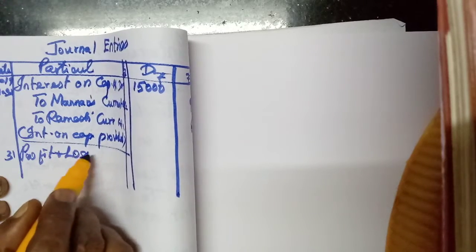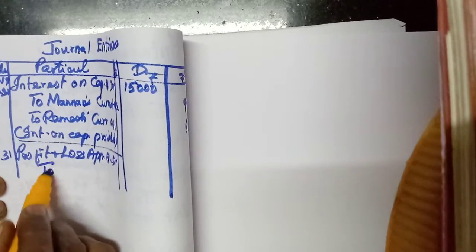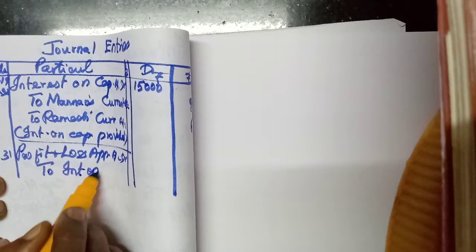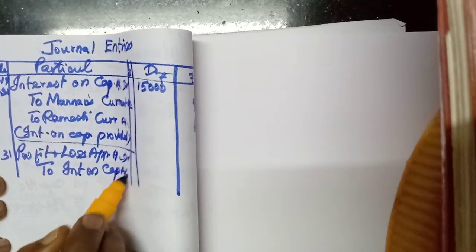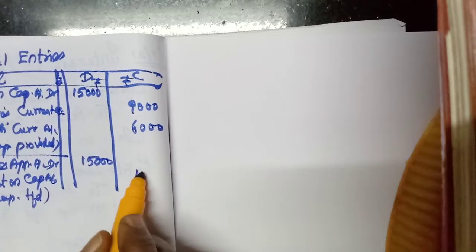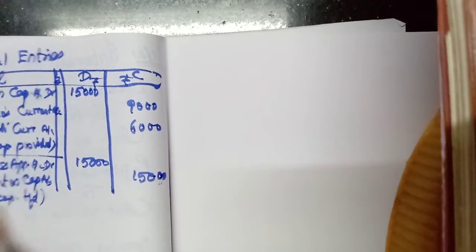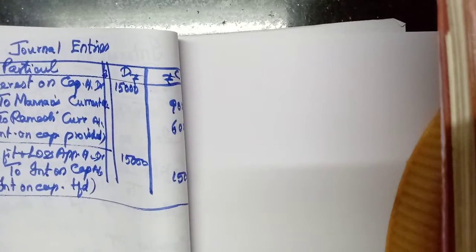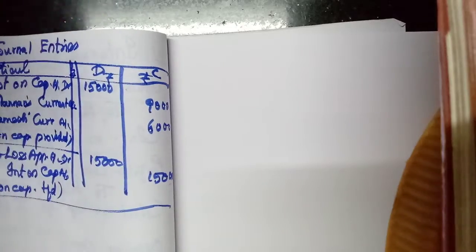Profit and loss appropriation account debtor to interest on capital account. Interest on capital transferred. You write fully. 15,000, here 15,000. That's all, 2 journal entries. Then we will see the 6th exercise.